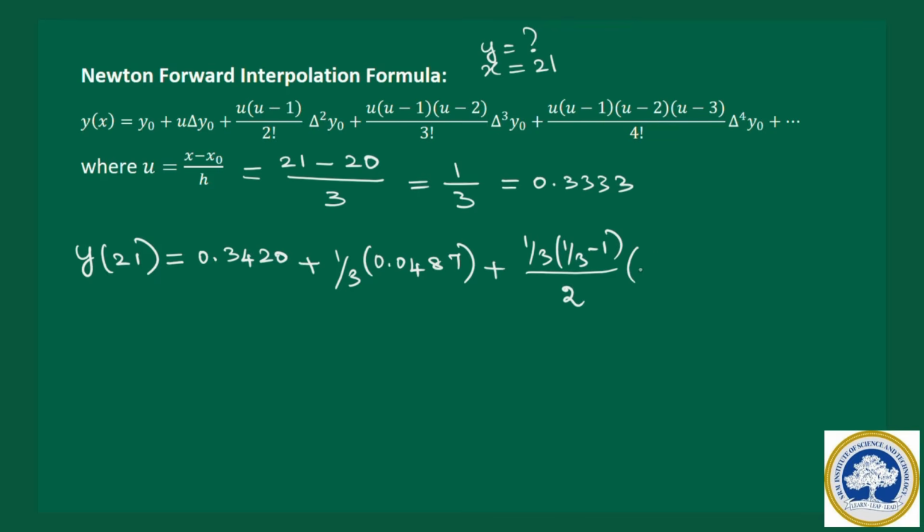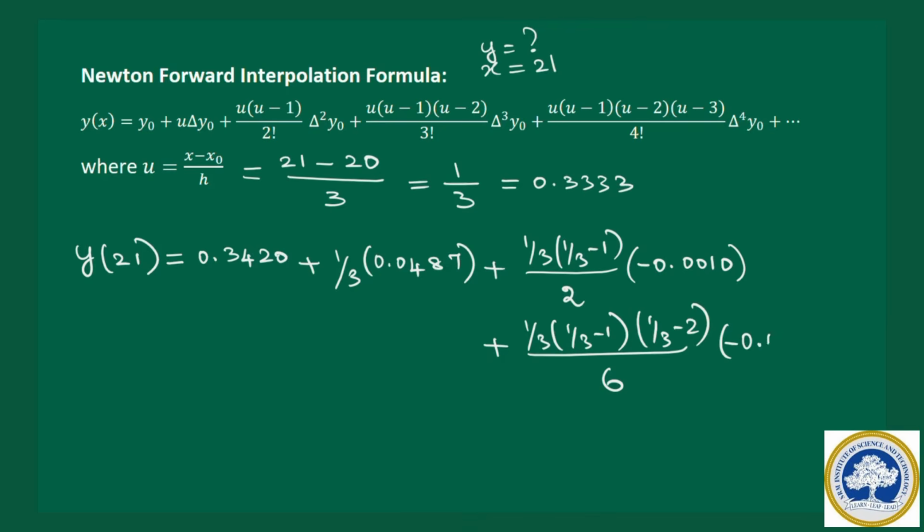For delta square y naught, take the first value from the second difference, that is minus 0.0010, again plus 1 by 3, 1 by 3 minus 1, 1 by 3 minus 2 divided by 3 factorial, which is nothing but 6, into delta cube y naught, which is minus 0.0003.